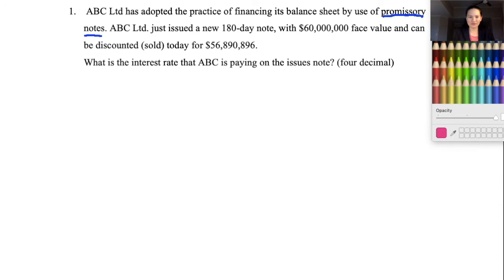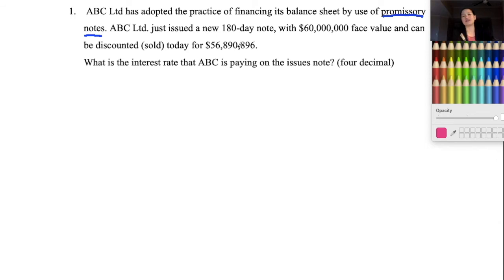Okay. ABC Limited just issued a new 180 days note. That means you know the time, the end date, with 60 million face value, and it can be discounted, sold today for 56,890,896.